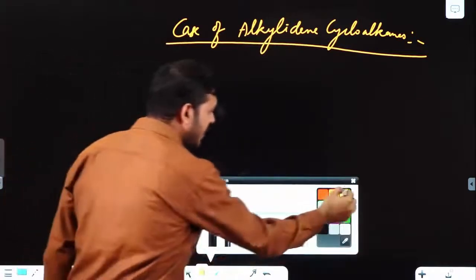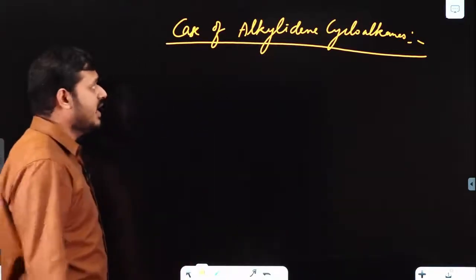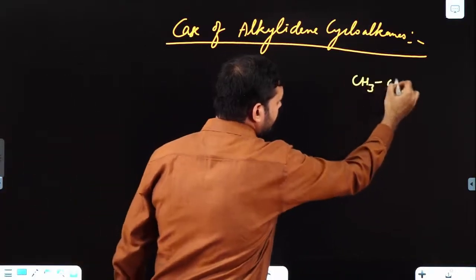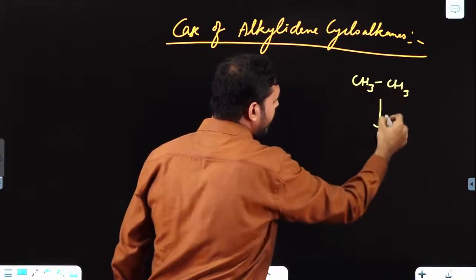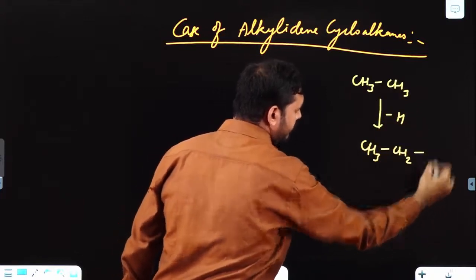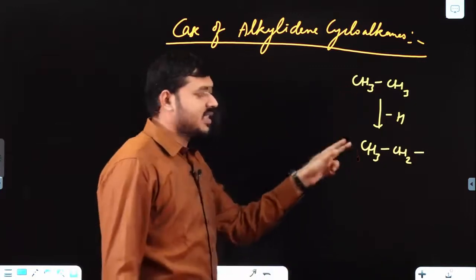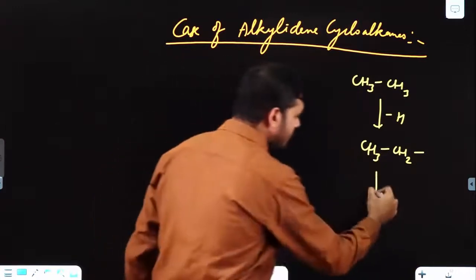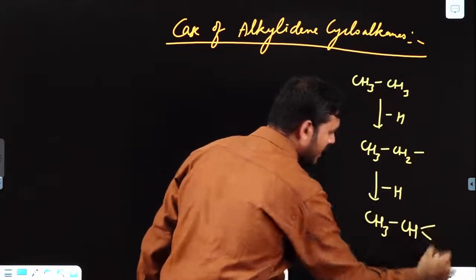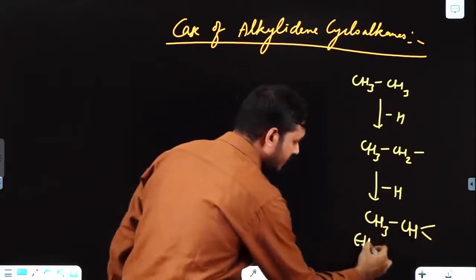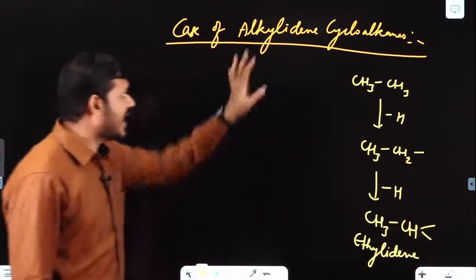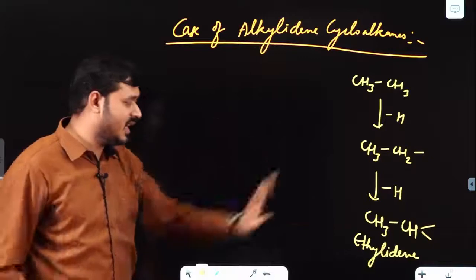First of all you need to understand what alkylidene is. See, ethane, remove one H, this is ethyl. Now two valencies are free, this is ethylidene. So alkylidene, you understand alkylidene.